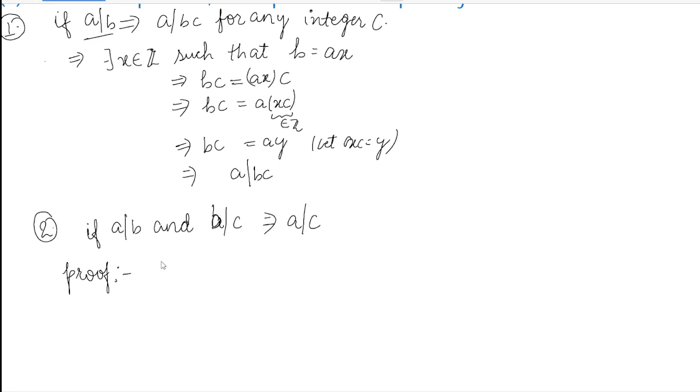By the definition, since a divides b, this implies there exists x belongs to z such that b is equal to ax.